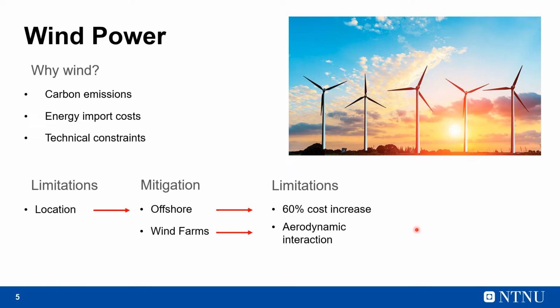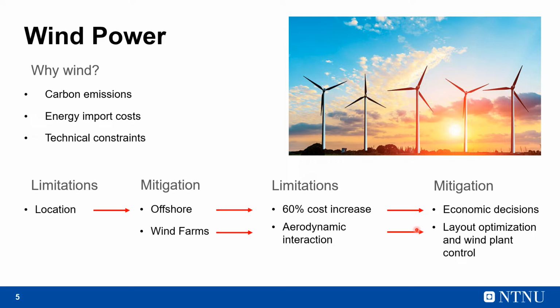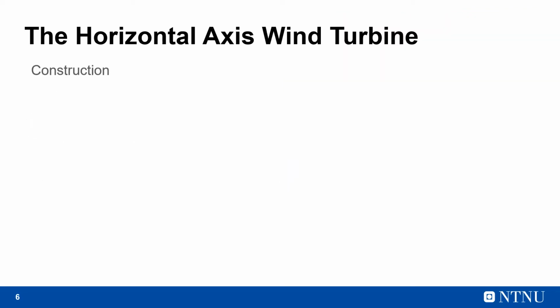And when you group together the turbines to form a wind farm, there are aerodynamic interaction effects that reduce the efficiency of the wind farm. The cost increase is an economic decision, whereas the aerodynamic interaction can be reduced by plant optimization and using proper control strategies. And this is going to be an important topic of our presentation today.